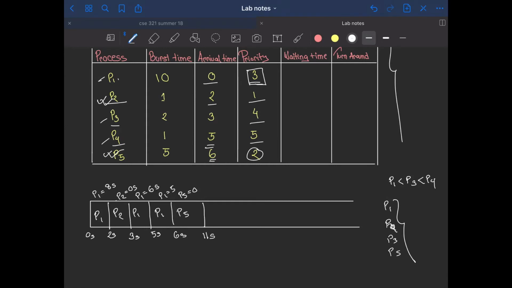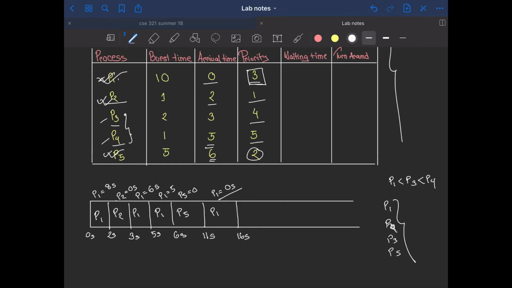Among P1, P3 and P4, which one is the smallest? Of course P1, right? P1 had 5 seconds left, so P1 would work for 5 seconds, leaving nothing remaining. So at the 16th second we are done with P1. Now we have only P3 and P4.